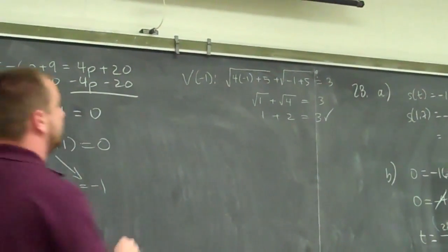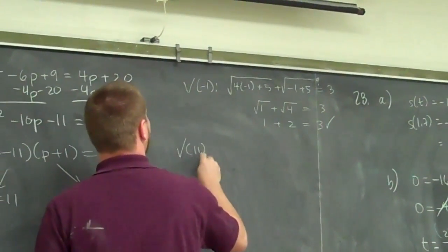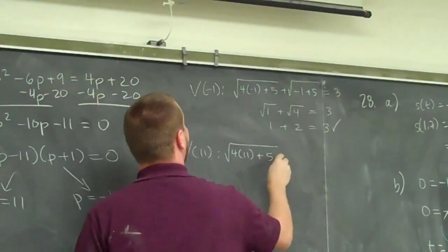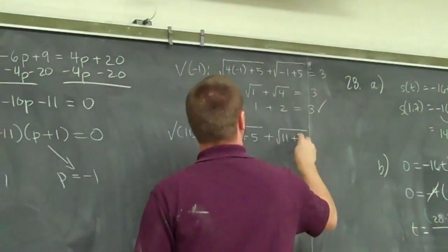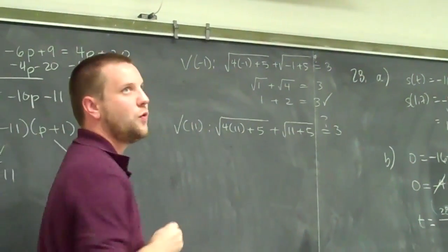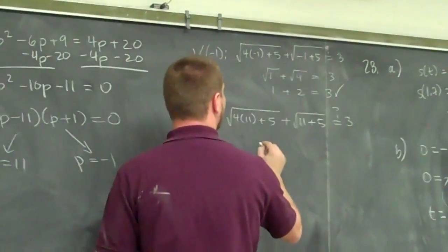Does 11 work? Four times 11 is 44, and 44 plus 5 is 49.